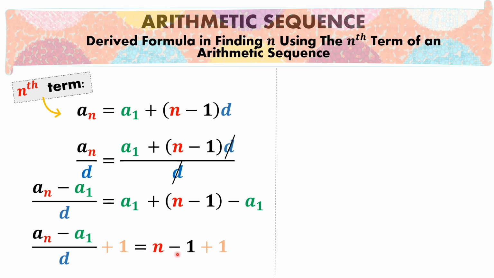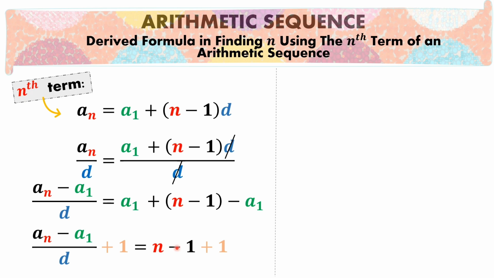So that leaves us n minus 1 on this side of the equation. And then to remove the minus 1 on this side, we add 1 on both sides of the equation.